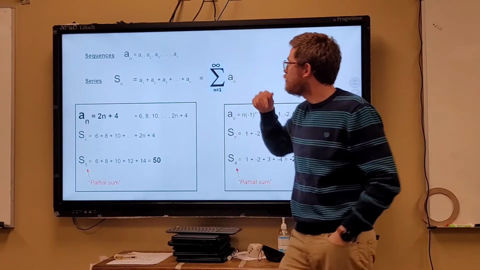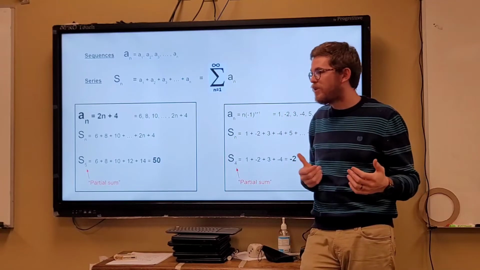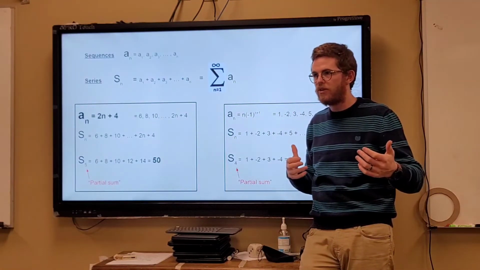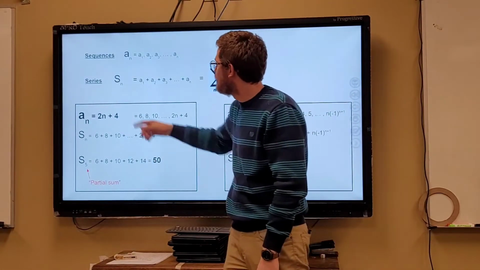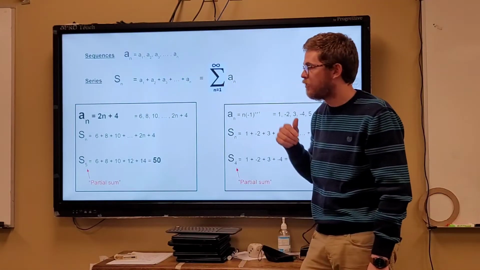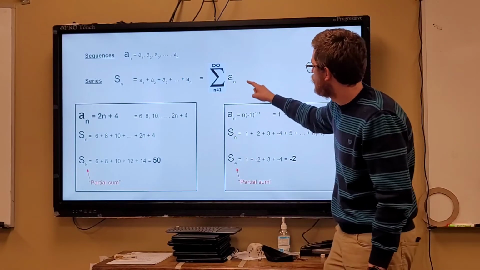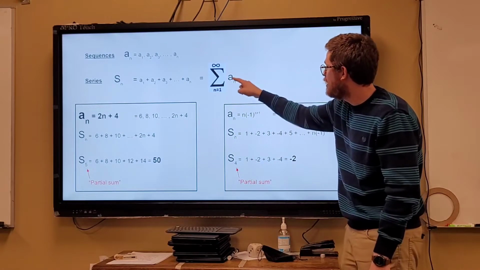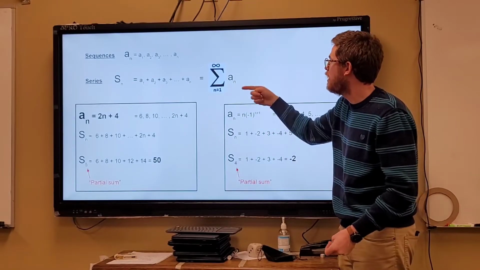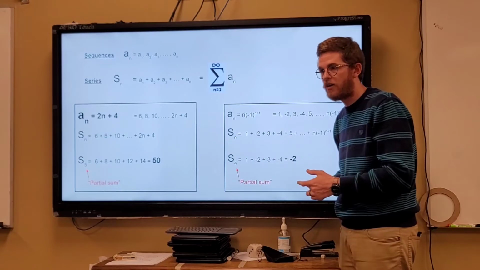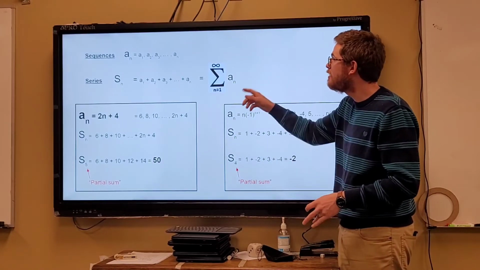Essentially, to define a sequence, we typically refer to it with an A. A typically denotes a sequence, whereas S is talking about a series. So if A of n is the sequence, we plug in a 1 to find the first term, a 2 to find the second term, a 10 to find the 10th term.